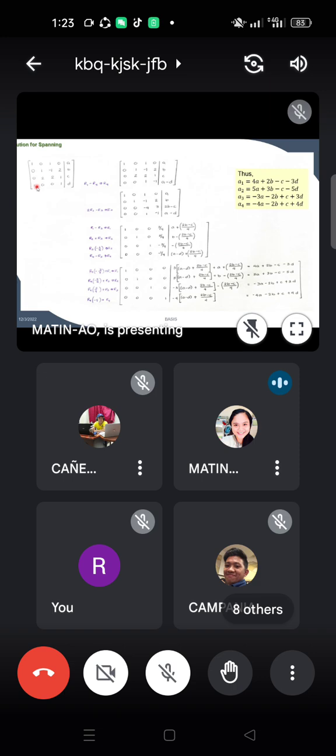So 1 minus 1 is 0. How about A minus D? That is row 1 minus row 4. So A minus D, this is it. We did not set any numbers or values for these variables. So our goal is to compute for them.